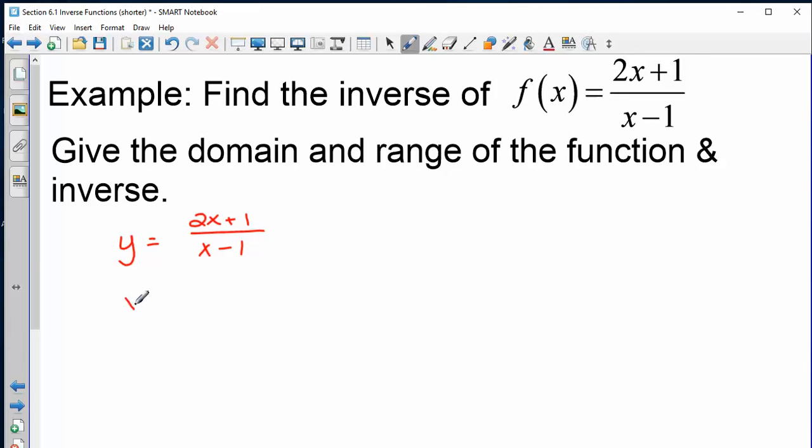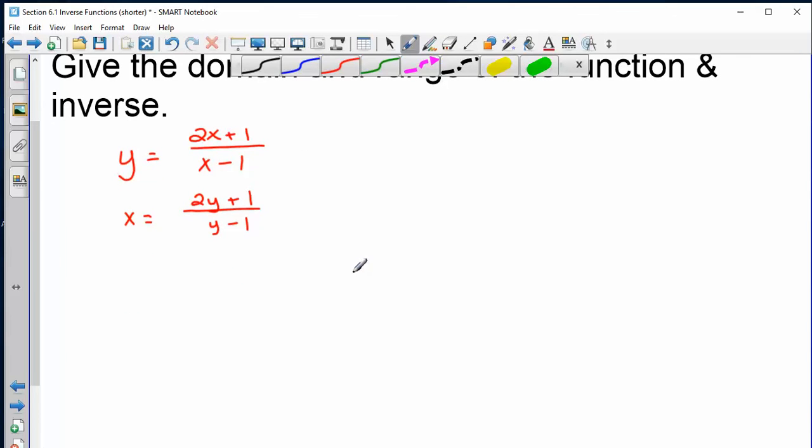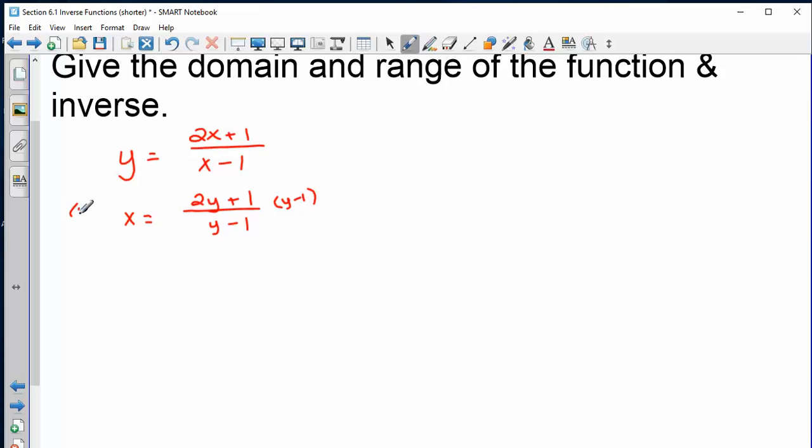So y becomes x, and every single x you have would become a y. Okay, we have to solve for y here. So first let's get rid of the fraction. I'm going to multiply my y minus 1 to each side. So that would give me an xy minus x equals a 2y plus 1.